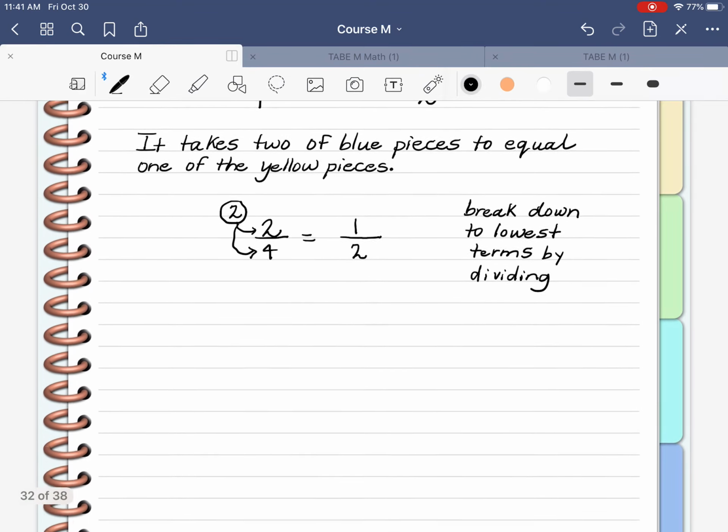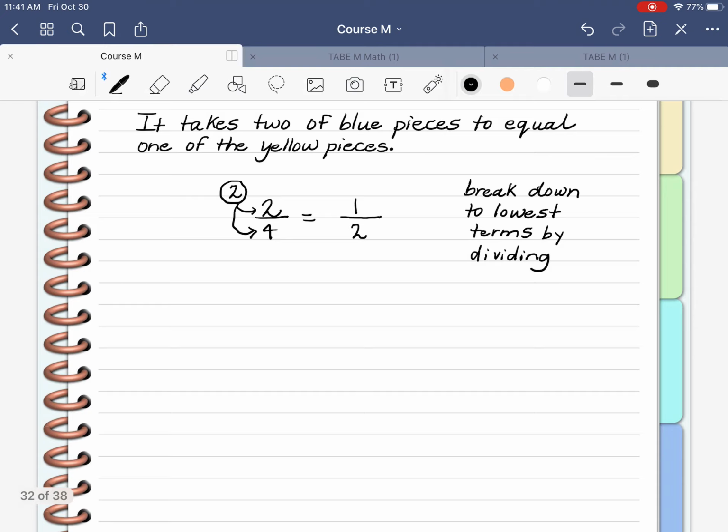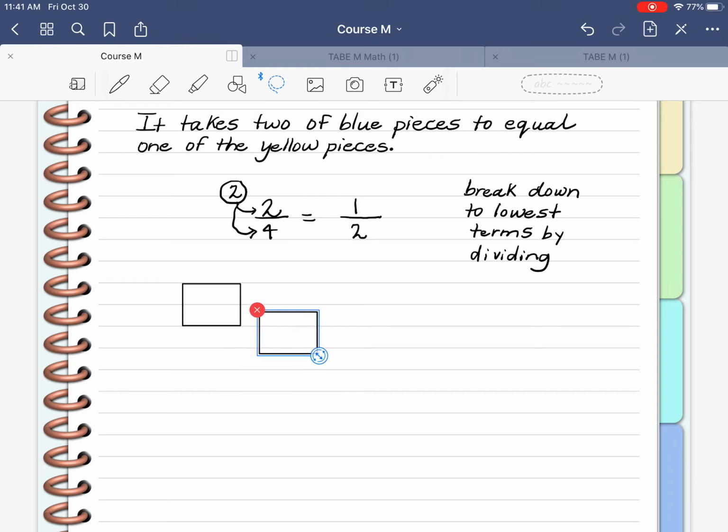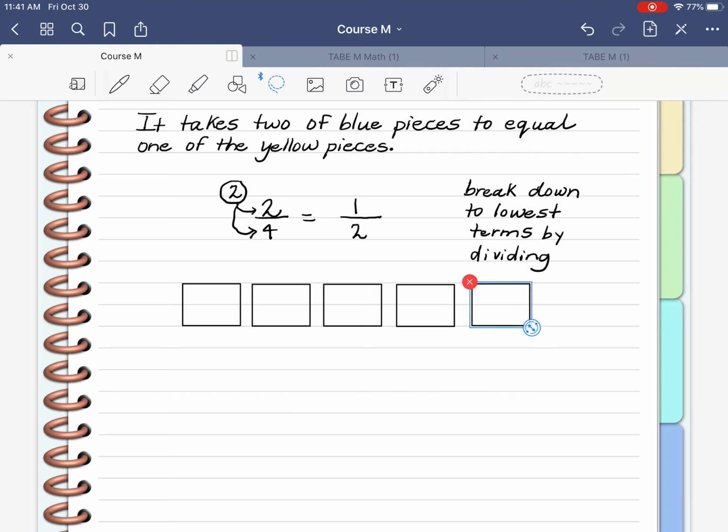Your calculator will do this one. For those of you who have access to a calculator, let me show you how to do this on the Casio calculator. You know the all clear is your first button. You put the fraction in, the 2/4, using the fraction key, and you press equals, and it will do that division for you.